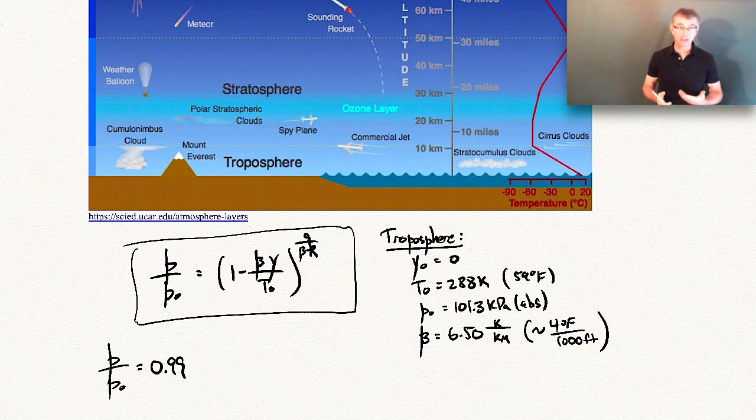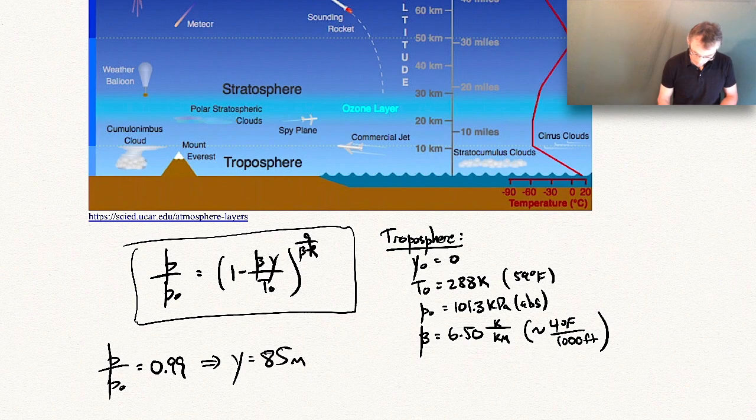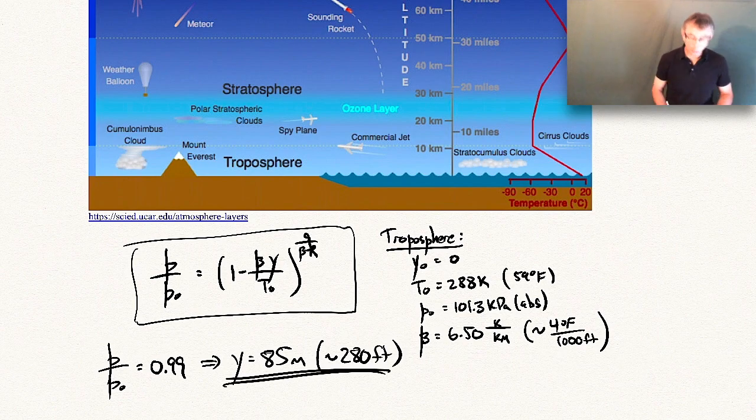If I plug in the numbers for this and solve for y, I'll get that y is 85 meters, or in English units, about 280 feet. So to get a 1% change in the pressure in the atmosphere, I have to go up 85 meters, or roughly a 28-story building. That's a pretty big distance to make such a small change in the air pressure.